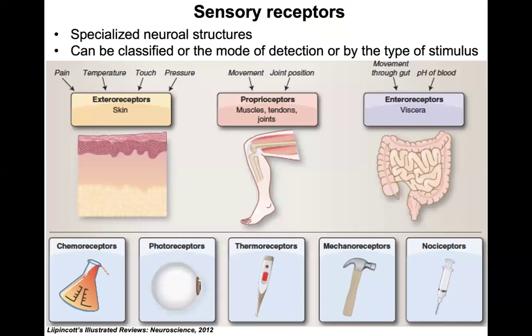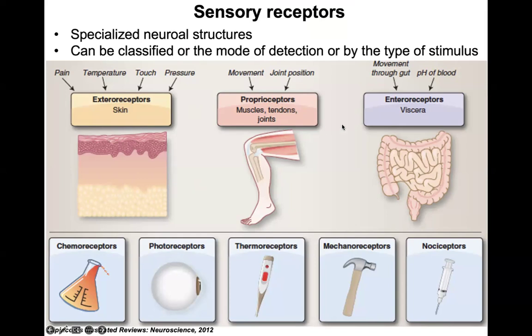And then we talked about receptors. We know the term exteroreceptors, which are the receptors on the skin, which include several types of receptors. You have proprioceptors. Make sure you know this term, proprioceptors. That means the receptors that detect the movement and the joint positions, and those receptors are located in the muscle, tendon, or joint.